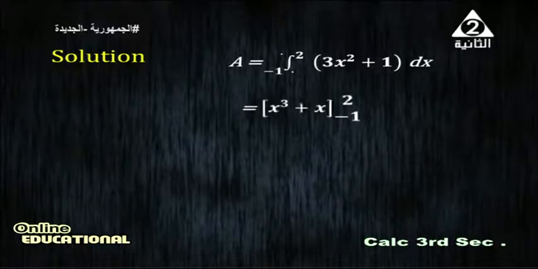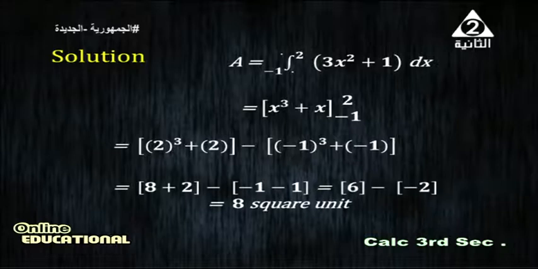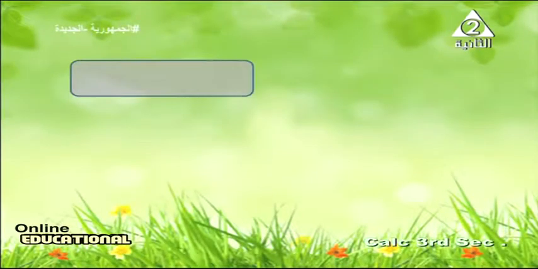Then the integration equals x to the power 3 plus x from -1 to 2, and we can calculate the definite value, which equals (2 to the power 3 plus 2) between two brackets minus ((-1) to the power 3 plus -1), and this area equals 8 plus 2 minus (-1 minus 1), or 10 minus -2, which equals 12 square units.